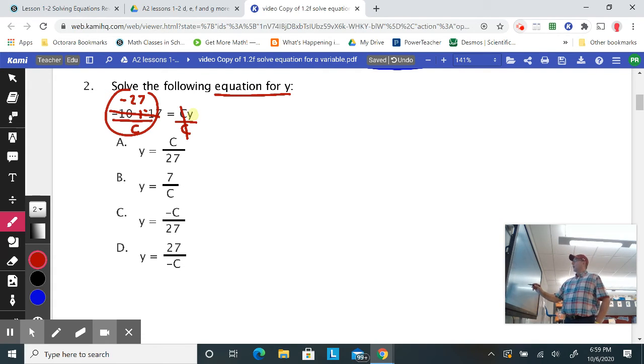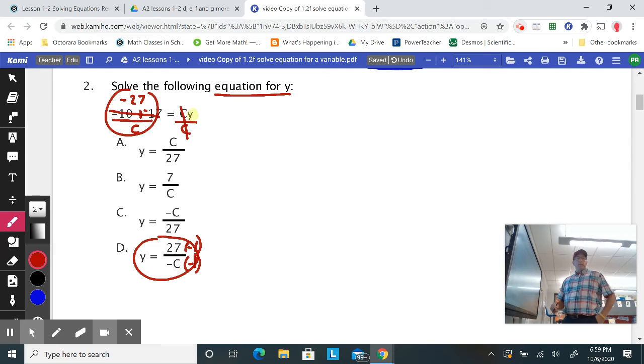But notice, I don't have any of this, but in D, that's the closest one, but the negative sign is in the denominator instead of the numerator. What you can do is multiply by negative 1 here and here.